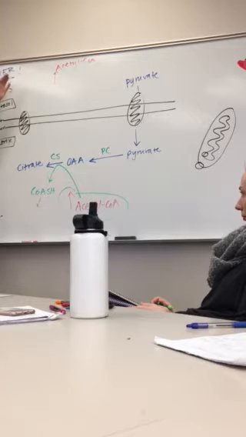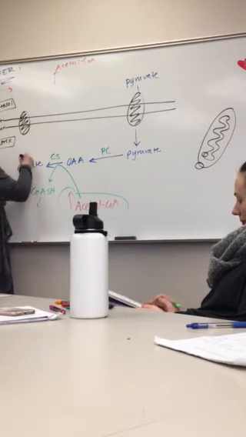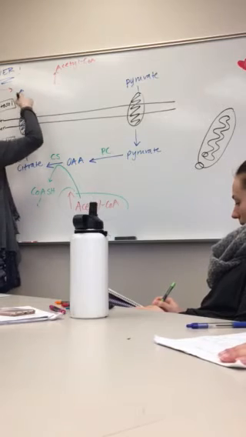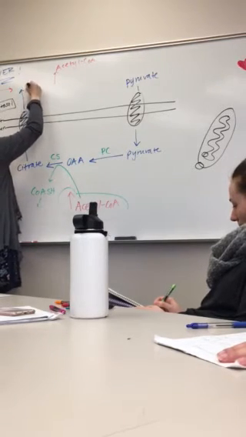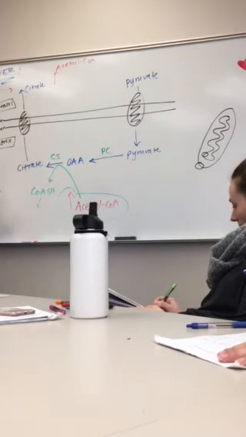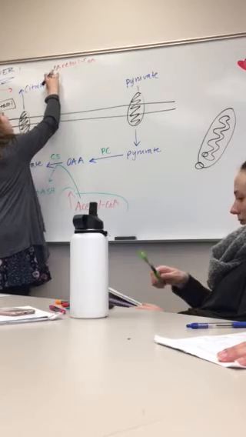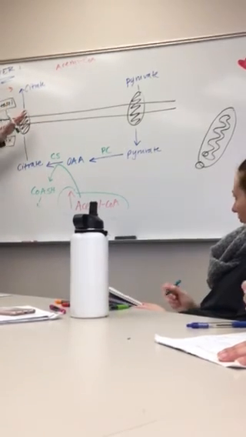Oh, that's how you get acetyl-CoA to the top, because it binds here first and makes citrate. And then what citrate does is it crosses these two membranes, and it ends up in the cytoplasm or the cytosol. Same thing. I don't know why they can't just come up with one word, but that's okay.